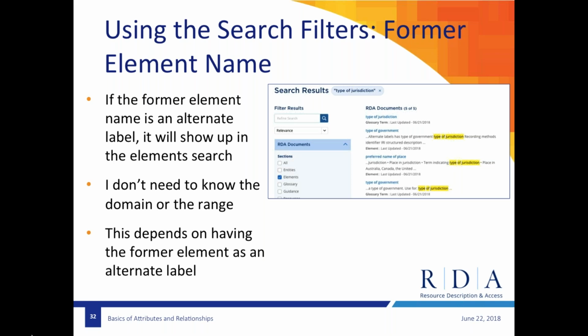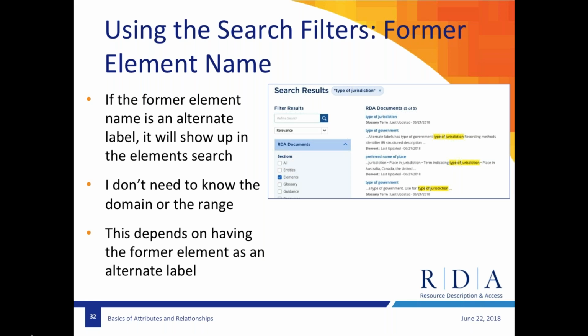Now you can see, or maybe you can't see because this is small, the second hit is for the element "type of government." And I get a hit on "type of jurisdiction" because it's an alternate label. Remember I said sometimes the former element names will show up as alternate labels in the element reference section.